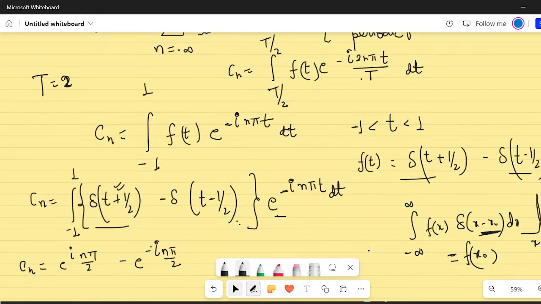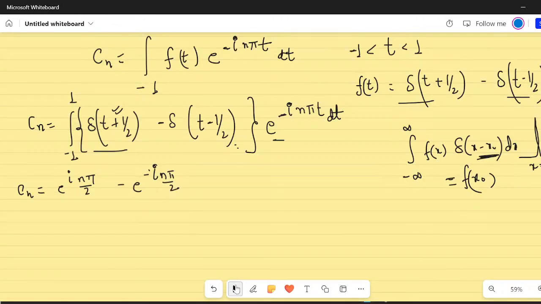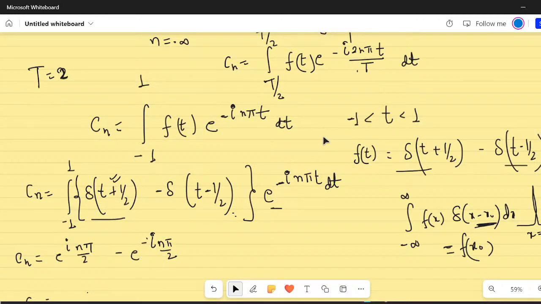Because in the examination it was solved further, let me solve it further. Just give me a minute, I will write it for you. Okay, so the Cn, if I divide by 2 iota and multiply by 2 iota... there is something missing, I guess. I think 1 by 2 is missing. Okay, my mistake.